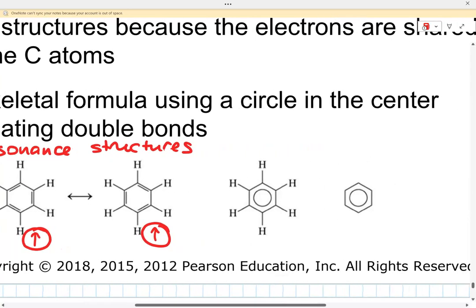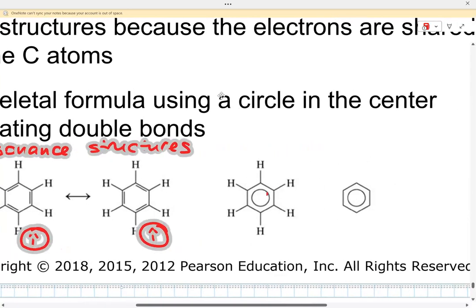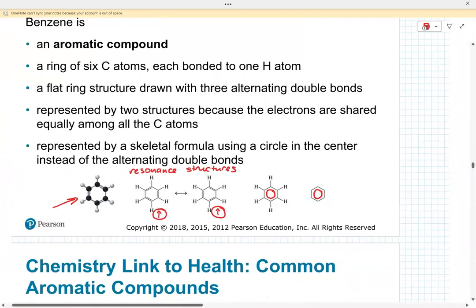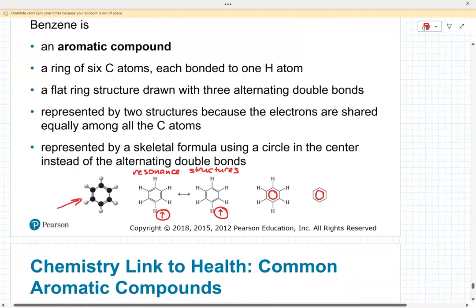Now, partially to reflect this, instead of figuring out which double bonds to form, we represent it with a circle. And we can remove all the hydrogens, and this is the common symbol, the line angle formula for benzene. Okay? But it's not the only reason why we draw the circle. We're going to get to aromatic compounds.